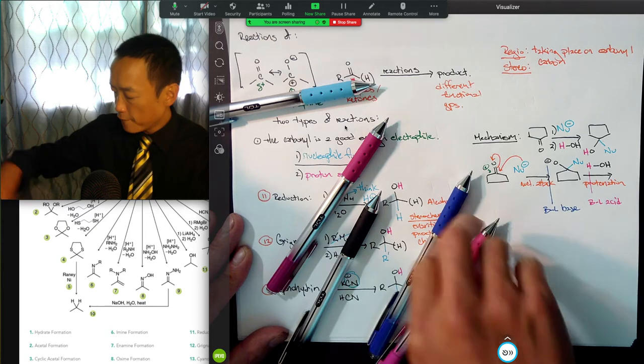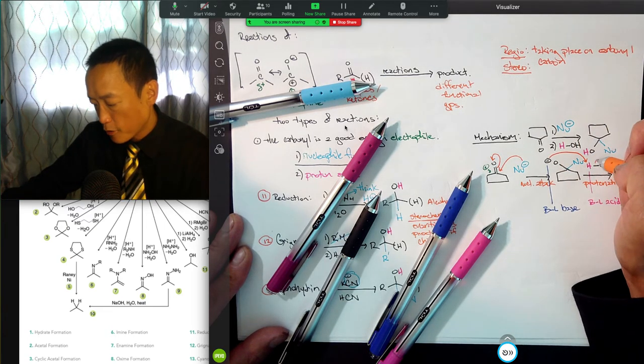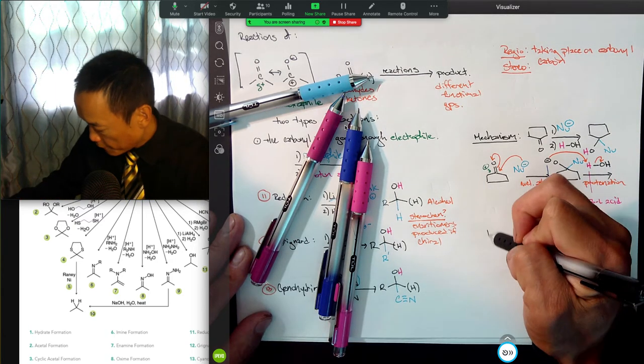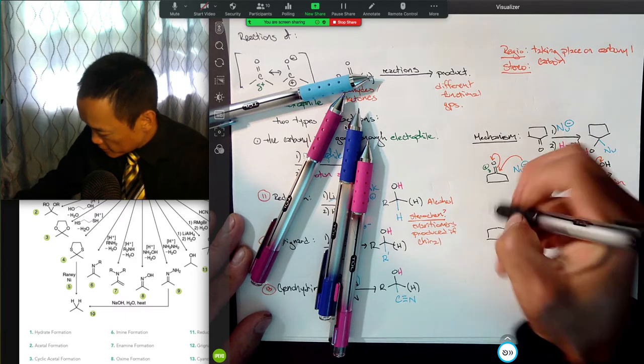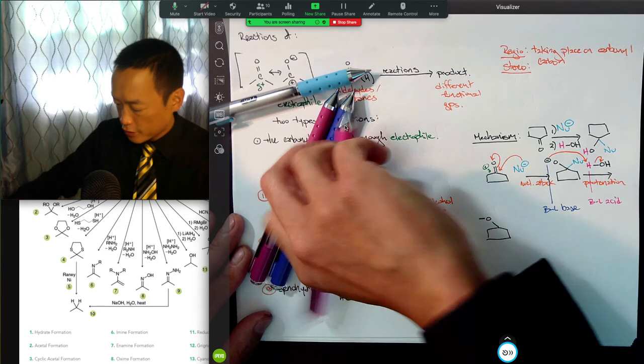And so what we find here is just taking this negative charge, putting a proton on it to generate our final O. And I'll draw that line in black to truly denote where those are coming from.